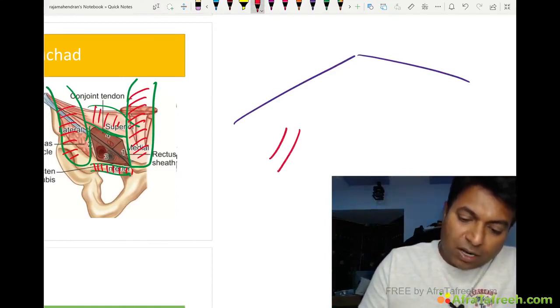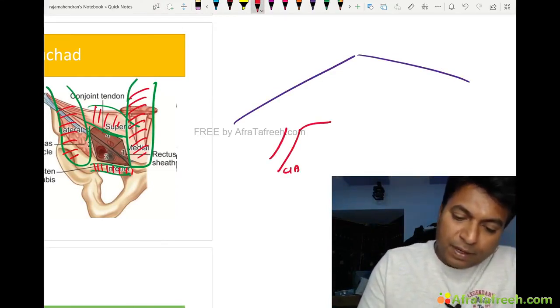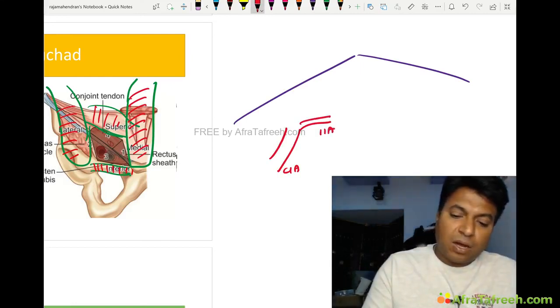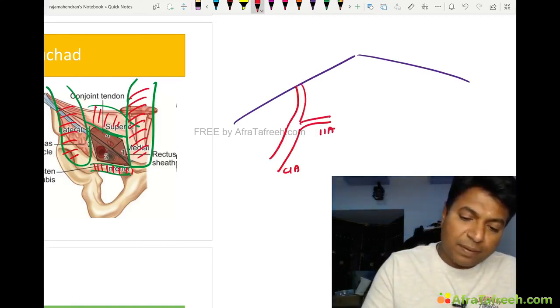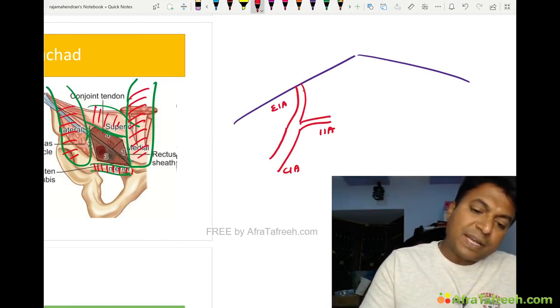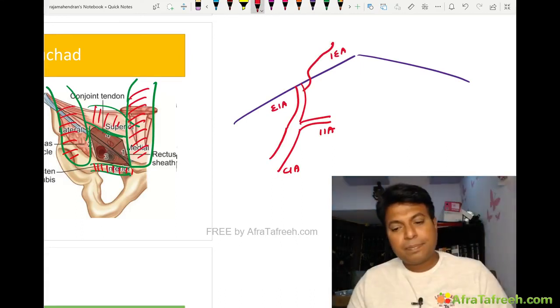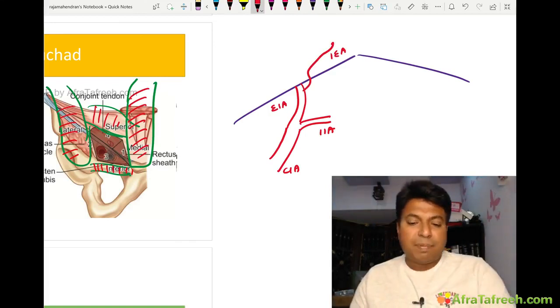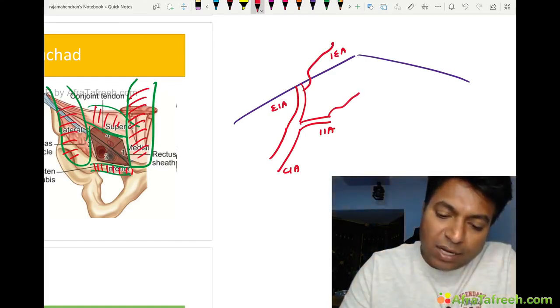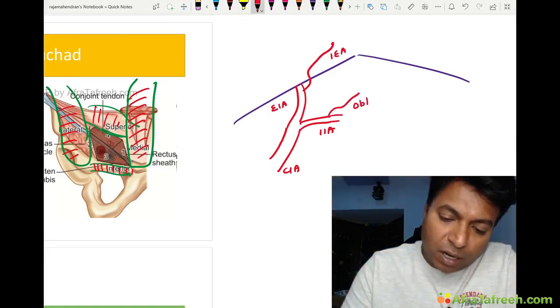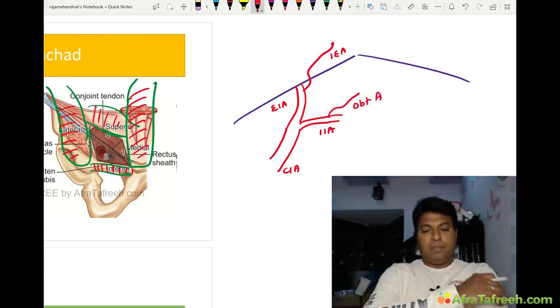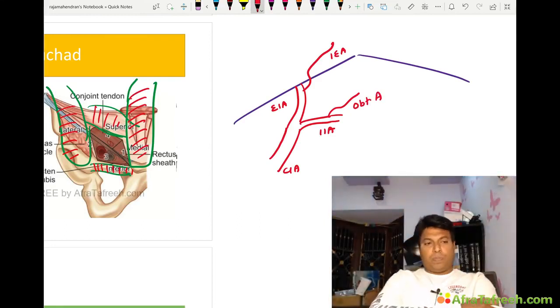This is the common iliac artery, which divides into the internal iliac artery, and this is the external iliac artery. The external iliac artery gives the branch inferior epigastric artery. The internal iliac artery gives a branch, the obturator artery. This is normal anatomy, you should know.